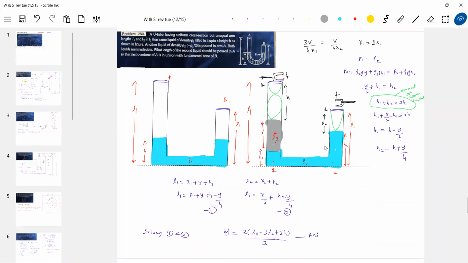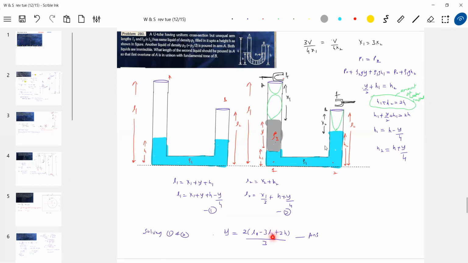Uniform area of cross section is given. Poured in arm A, we have poured in arm A only. They don't mix. What length of second liquid should be poured in A so that first order... There is a... We don't get any value, no?